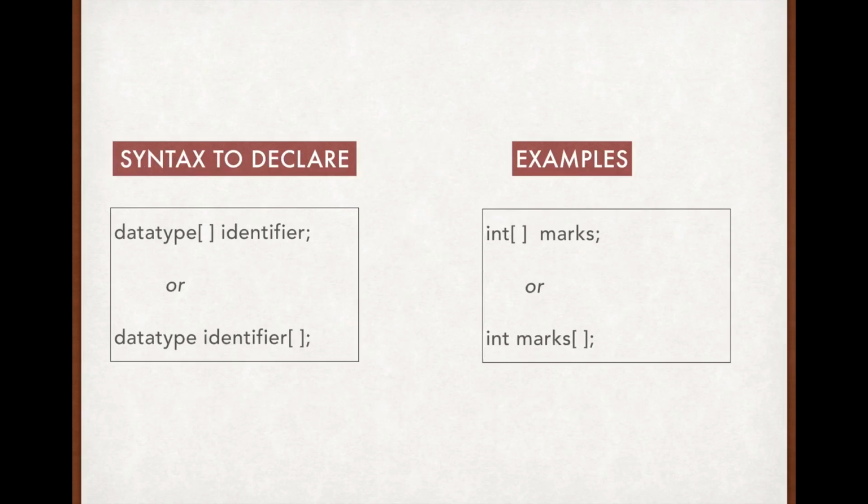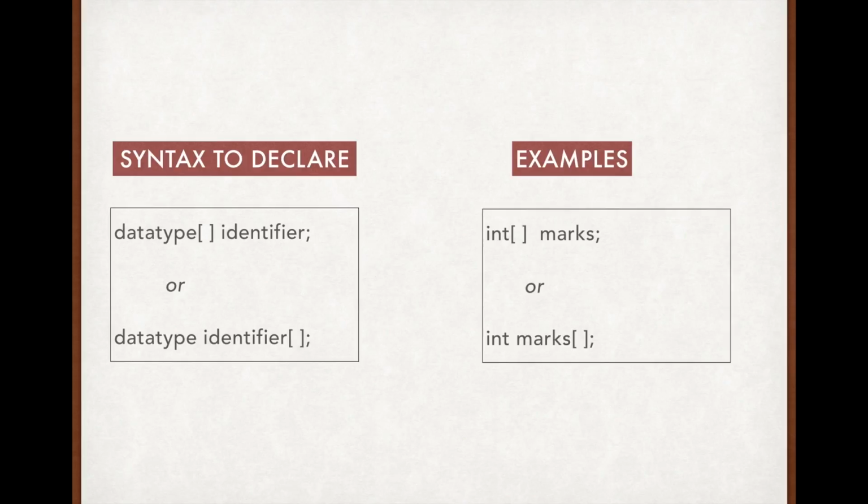Now you should know one thing, just by declaring, the memory will not be allocated for this array. In C and C++, you may write like this, int marks of 5, then array is declared. Then we can say that the memory is also allocated for that.